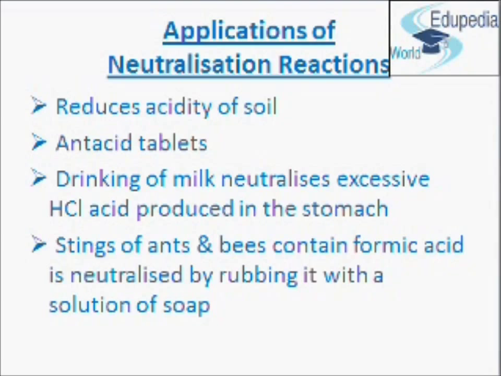The second important application of neutralization reaction is in antacid tablets. Excessive hydrochloric acid produced in the stomach of a patient suffering from acidity is neutralized by giving antacid tablets containing magnesium hydroxide to the patient, and the reaction which occurs is: 2HCl, this is the excessive hydrochloric acid produced in the stomach.